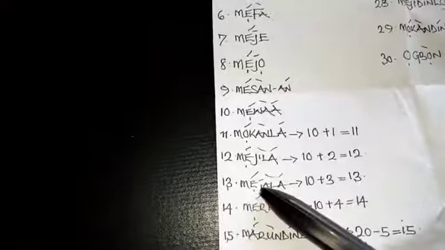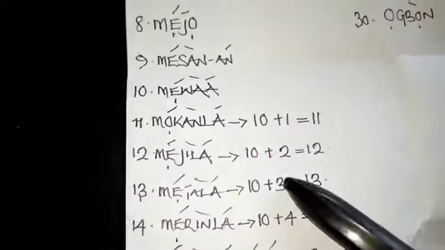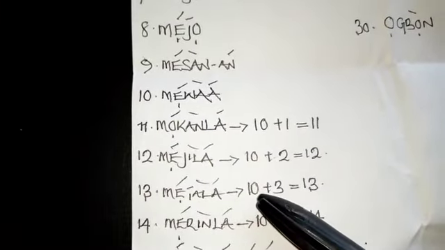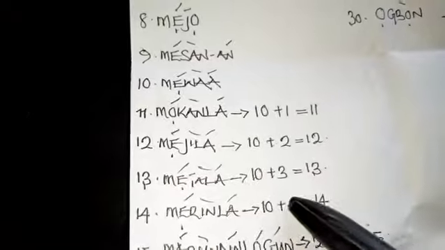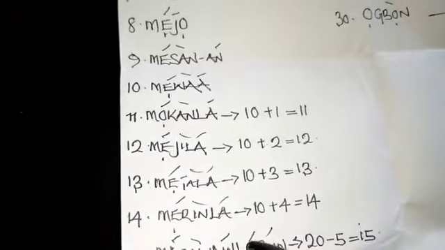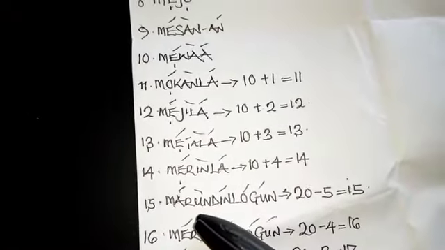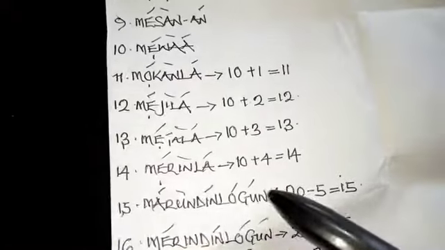So 2 plus 10 gives us 12. Here we have mẹ́tàlá, that is 10 plus 3, followed by mẹ́rìnlá, 10 plus 4 gives us 14, followed by márùndínlógún.